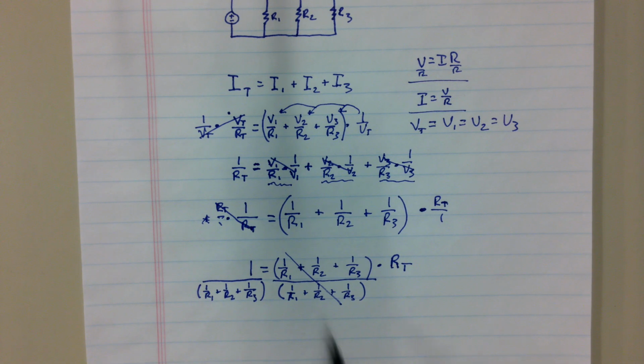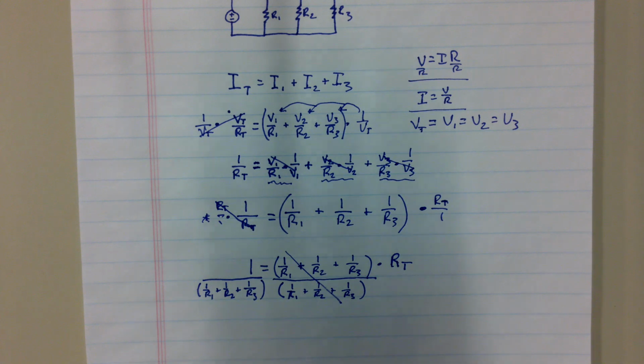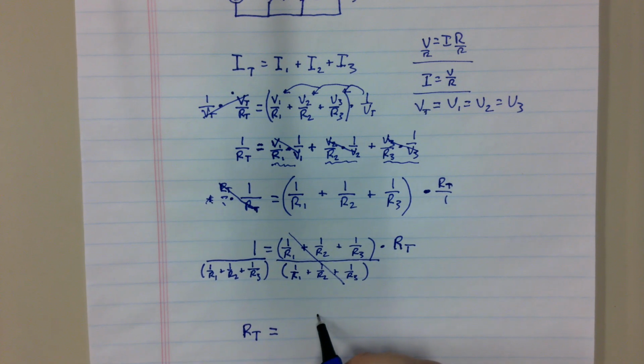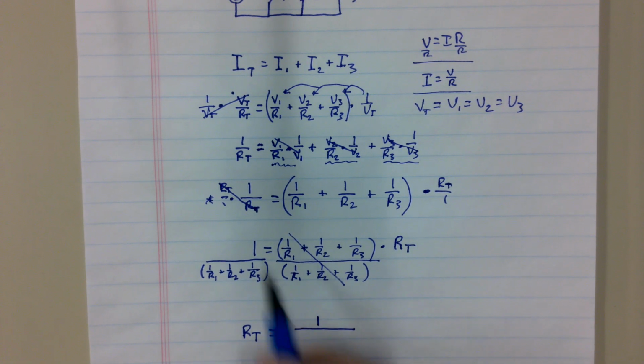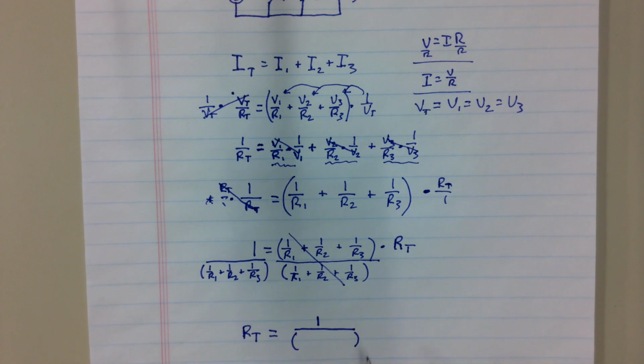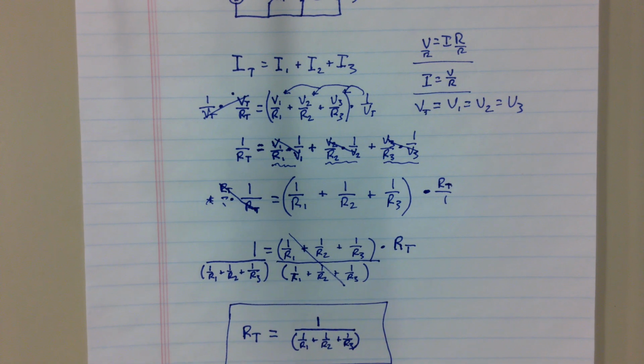And now to rewrite the whole thing, resistance total is equal to 1 over this entire expression: 1 over R1 plus 1 over R2 plus 1 over R3. And that is a good expression now for us to calculate equivalent resistance in a parallel circuit.